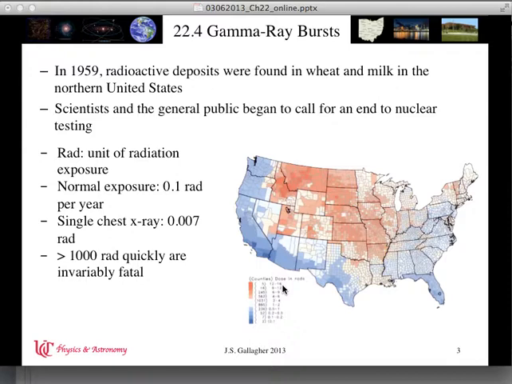If you get a single chest X-ray, you're exposed to 0.007 rad. If you get exposed to more than 1,000 rad in a short amount of time, you're most likely to die. It's invariably fatal. So these are rather low doses, but yet could still have potential health effects on people nonetheless. So there was this general outcry for an end to nuclear testing.